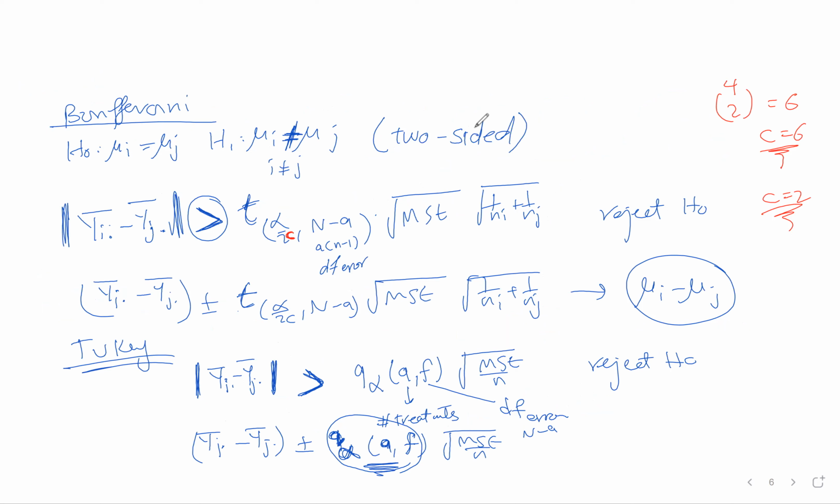But if the researcher is interested in greater than or less than, then you should use one-sided. But in our case, we compare the treatments and they are equal or not equal, so my test of hypothesis is two-sided. So you use the 2 tables of the two-sided.